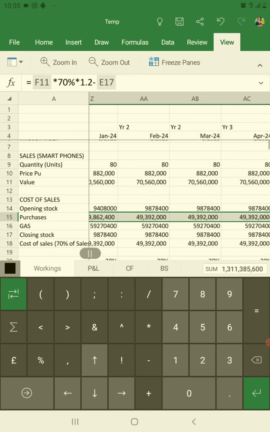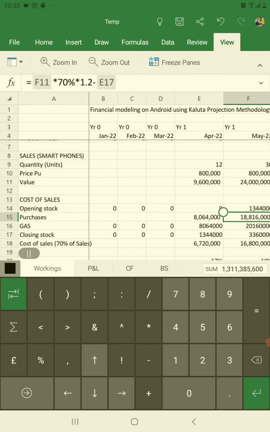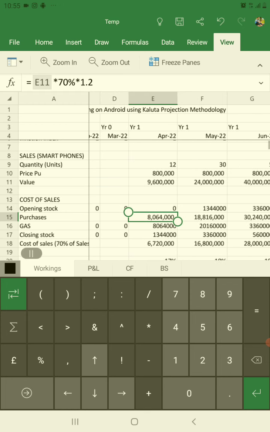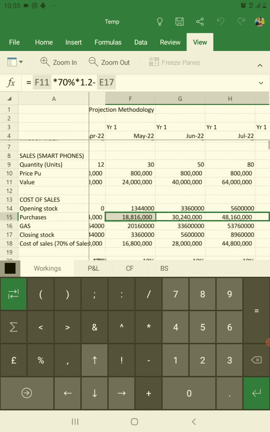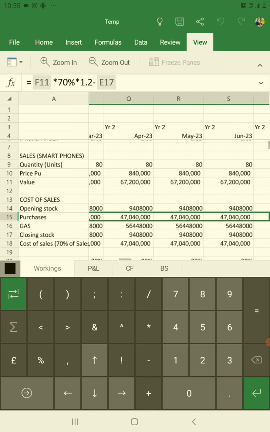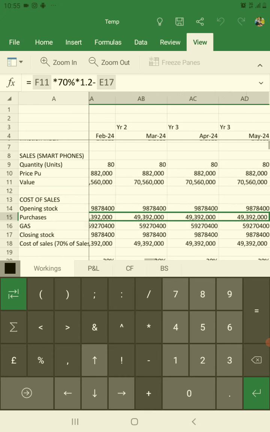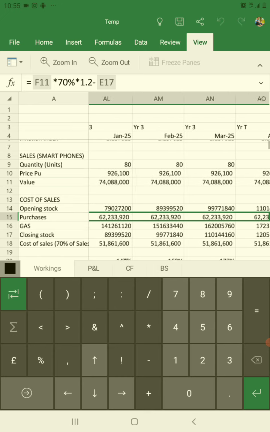What did I do? Let me repeat again there. Something is not proper. Okay, so this one, fill, and then use the fill handle to drag this to the end of the projection period.